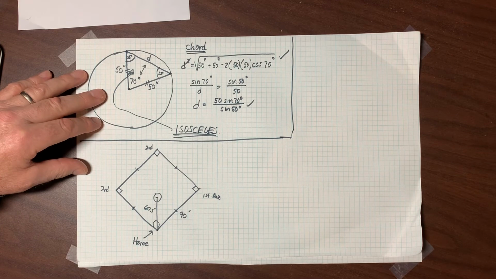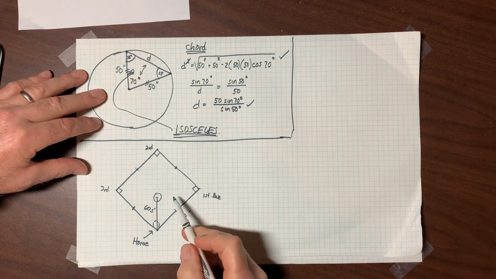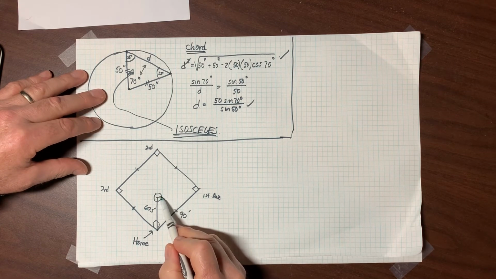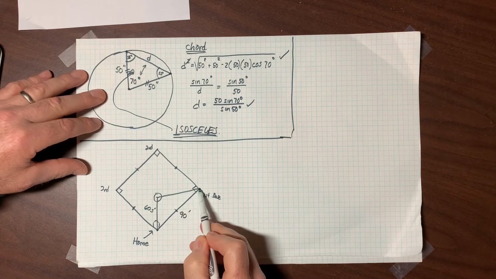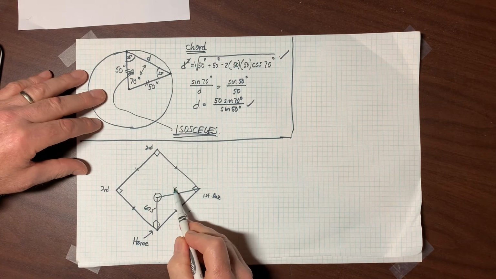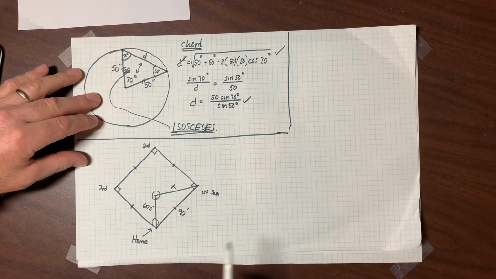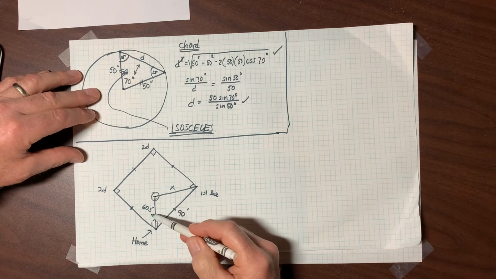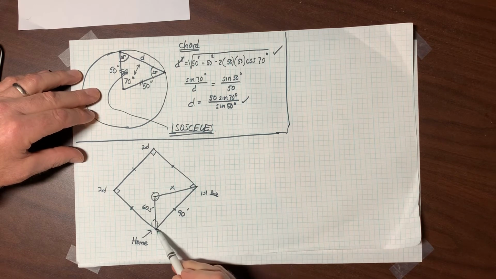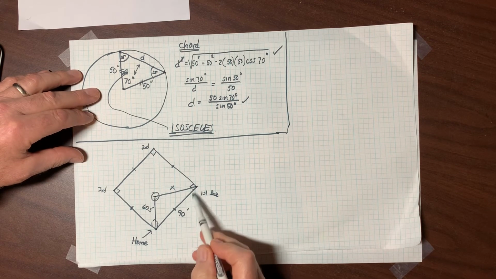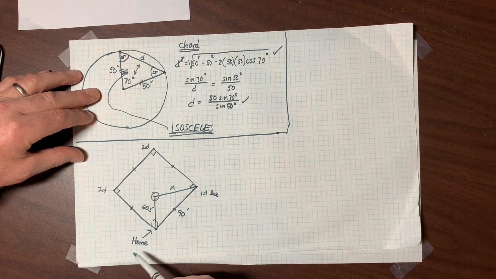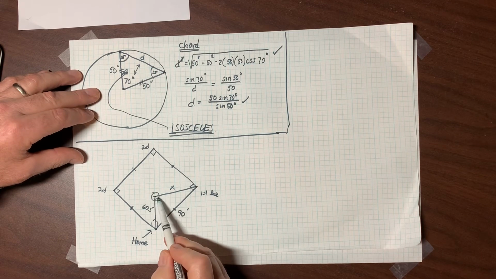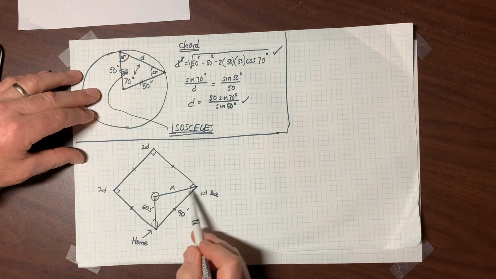So the question I'm going to ask you is, how far is it from the pitcher's mound to first base? We'll call that X. So here's what we have right now. The length from pitcher's mound to home plate is 60.5 feet. The base path, home plate to first base, is 90 feet, and I'm asking you to find the distance from the pitcher's mound to first base.